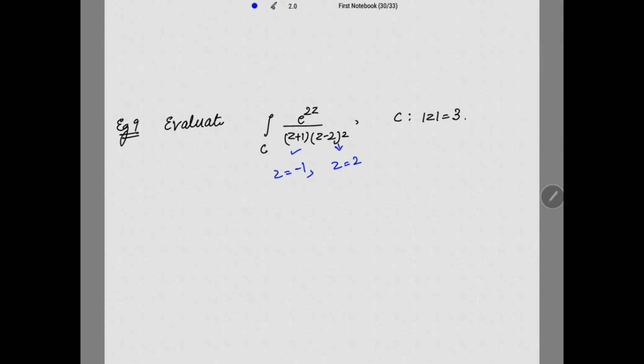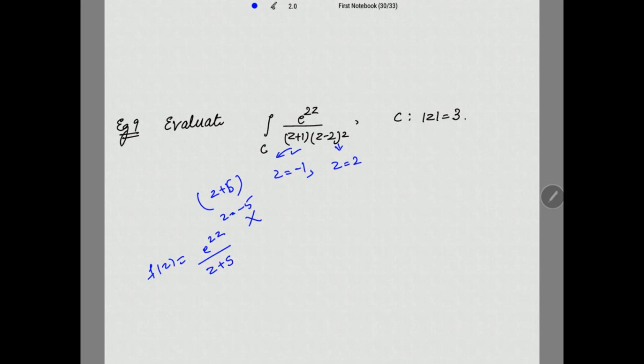Suppose this denominator is z plus 5, then z equal to minus 5 does not lie inside the circle. So my f(z) will become e to the power 2z over z plus 5. I will take this denominator in my f(z).